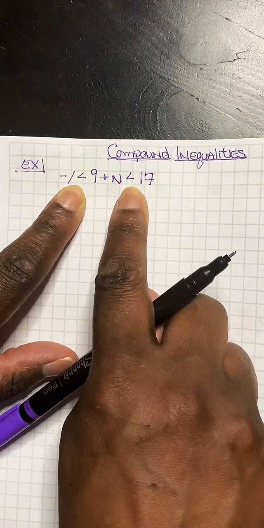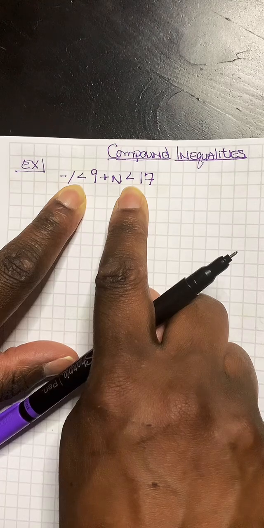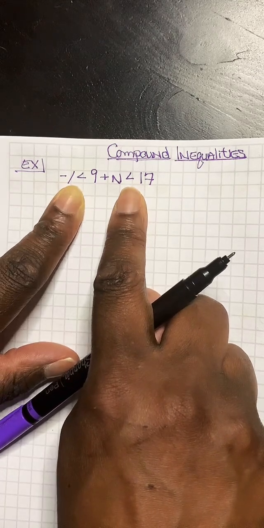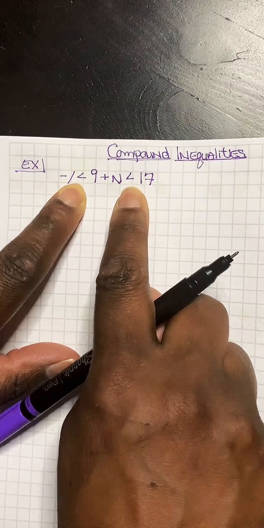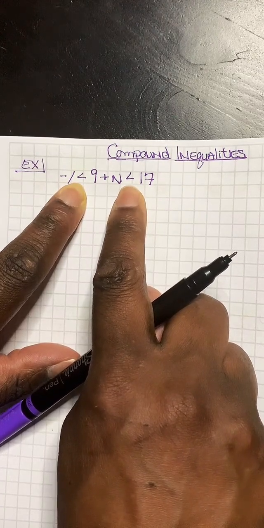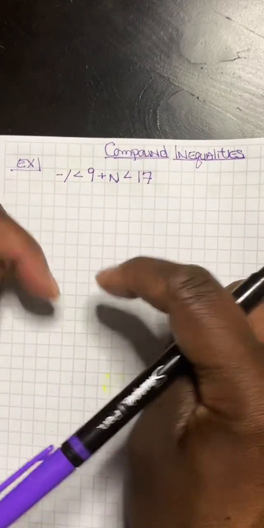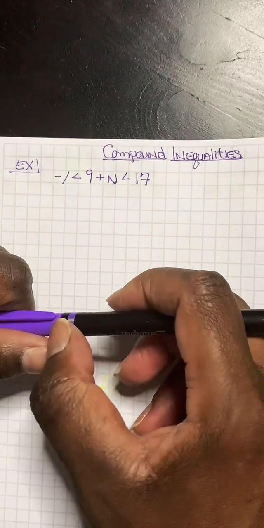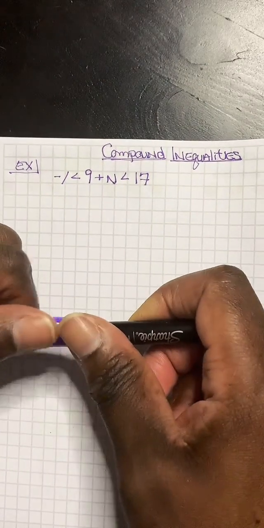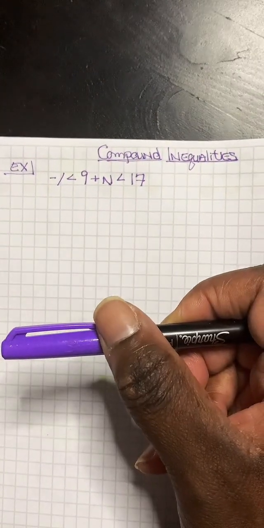In most exams and textbooks, there's always a less than, or less than or equal to, going in the same direction. If you see an inequality going in two separate directions, it's probably going to be a null set. That's what I've experienced so far.